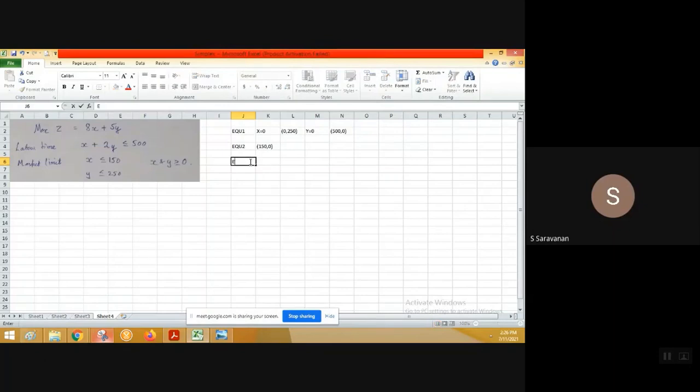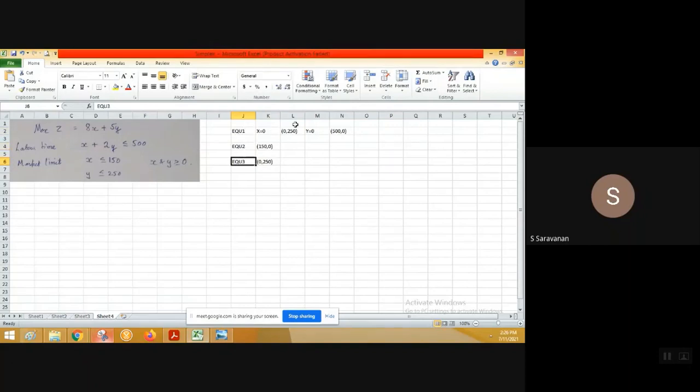So then the third equation. In the third equation, x is actually 0. That is 0x plus y is less than or equal to 250. So here x is 0: 0 comma 250. So we have three equations: equation 1, equation 2 and equation 3.